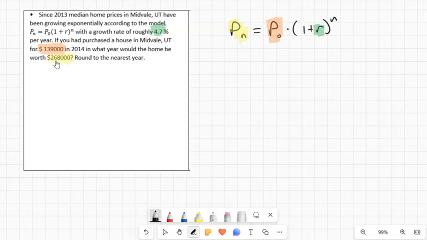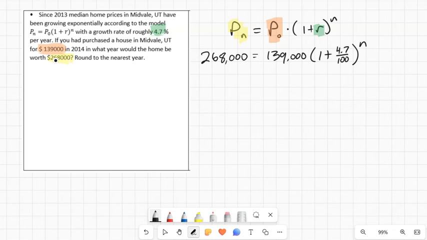So plugging stuff in, we have 268,000 equals 139,000 times 1 plus 4.7 over 100, that's 4.7%, to the n.